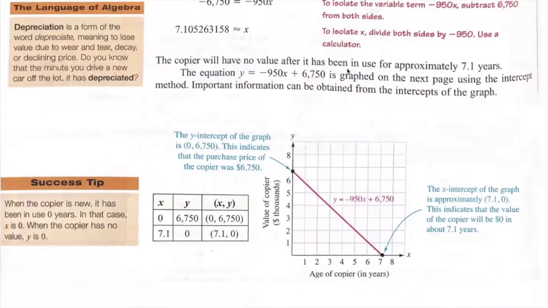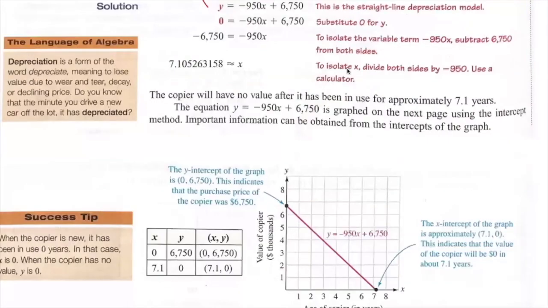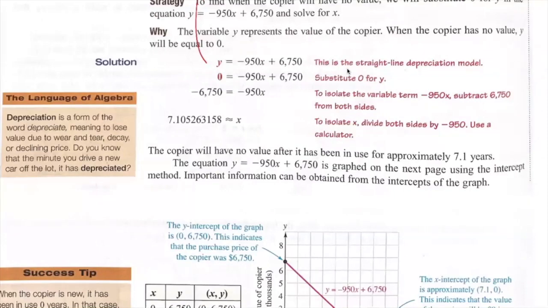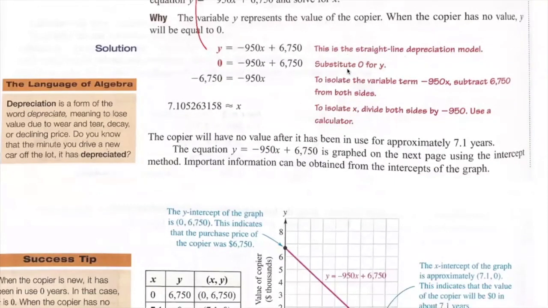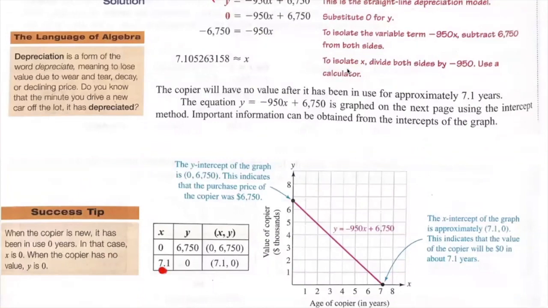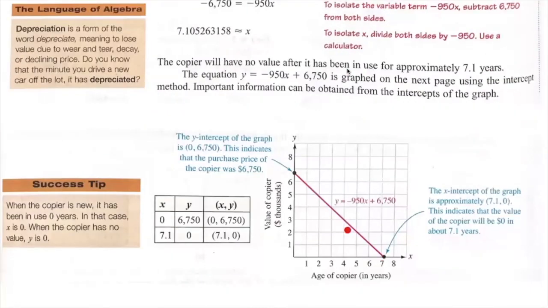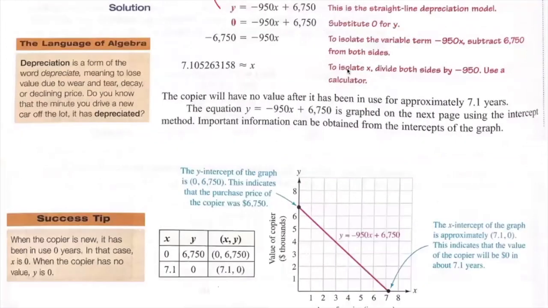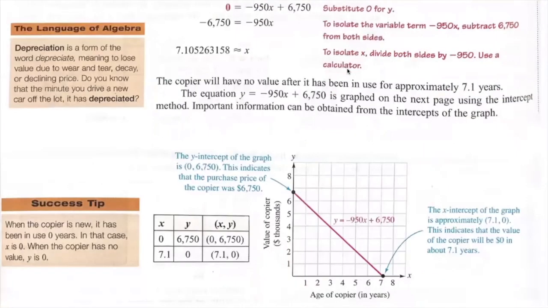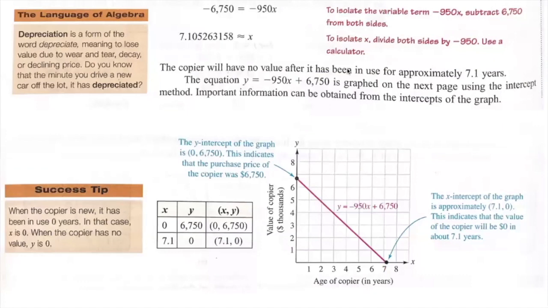Then when y equals 0, which means when the copier has no value, the corresponding years is about 7.1. So this segment over here is for this equation when the time x is between 0 and 7.1. This x-intercept corresponds to the number of years until the copier has no value. The y-intercept corresponds to the brand new value of the copier, or the purchase price of the copier.